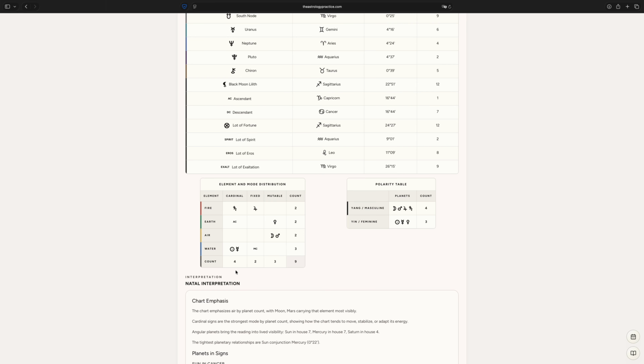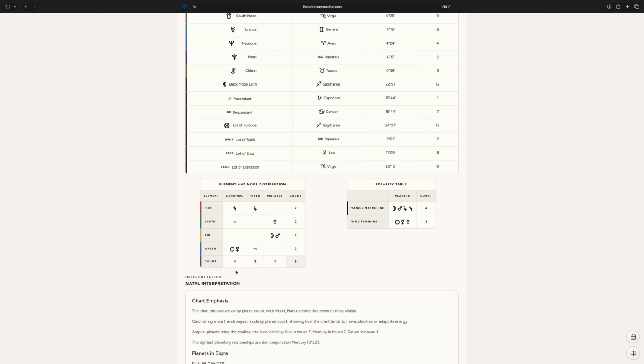I'm not too sure that's true. It could be. Cardinal signs are great at starting things. Fixed signs, I think, are very good at starting things and seeing things and projects all the way through the end. So a fixed sign is quite good, but they don't really do well with change.